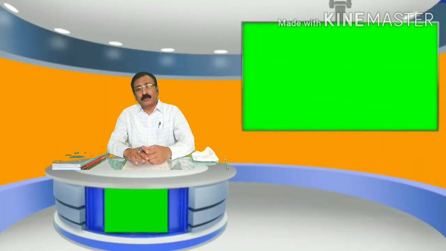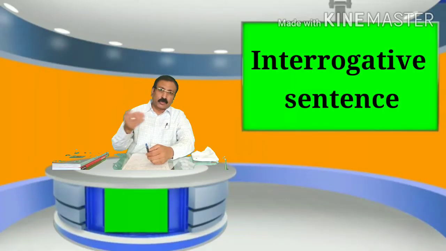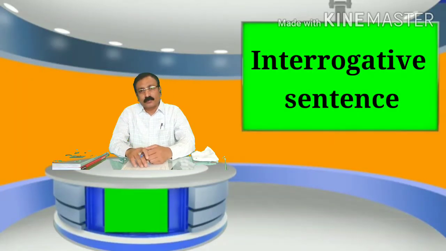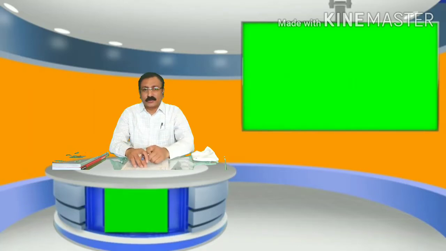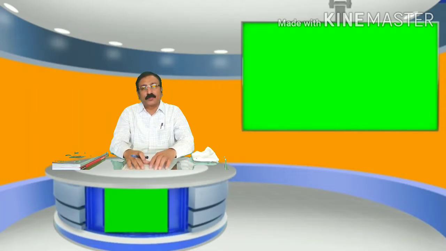The most common example of inversion we find in our writing or in our speaking is the interrogative sentence. Interrogative sentences are also considered to be an example of the figure of speech inversion.